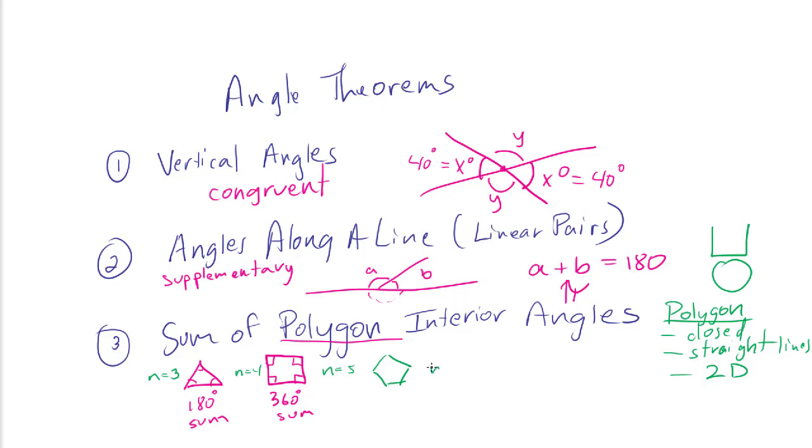N equals 6, we would call that a hexagon. And now we're really stressing my ability to draw these. Next would be a heptagon or a septagon for n equals 7, an octagon for n equals 8, a nonagon for n equals 9, a decagon for n equals 10. Good lordy, I don't think I even know what 11 is. And a dodecagon for 12.